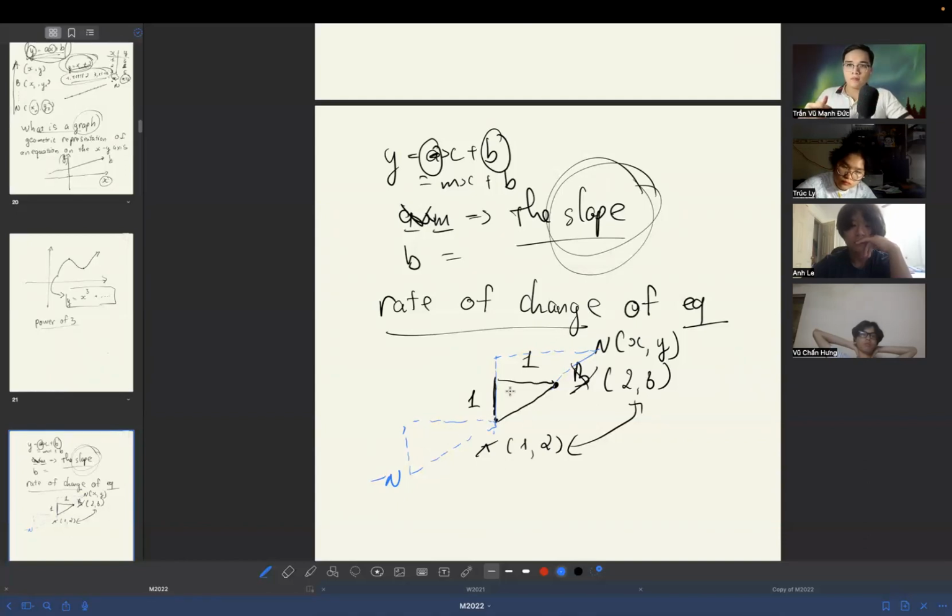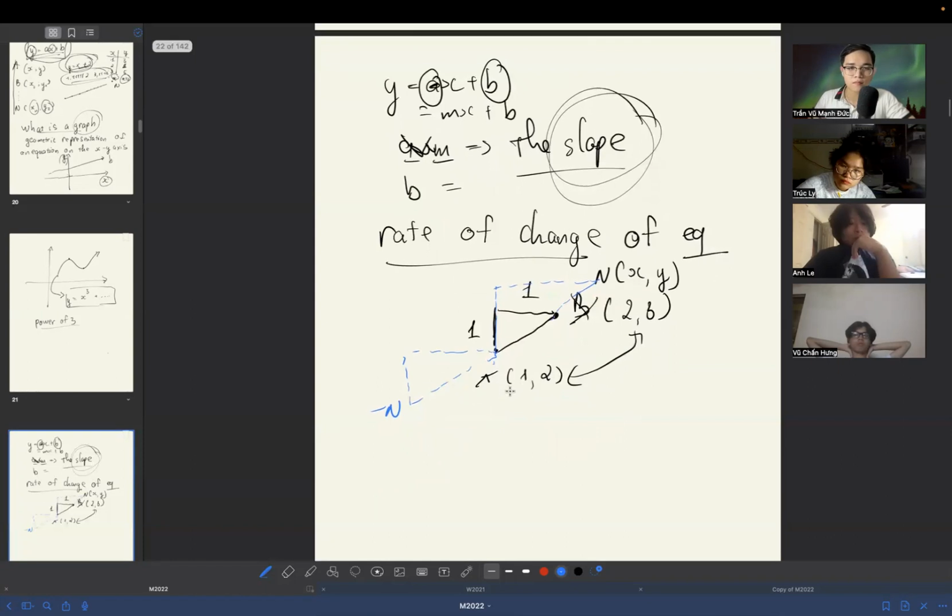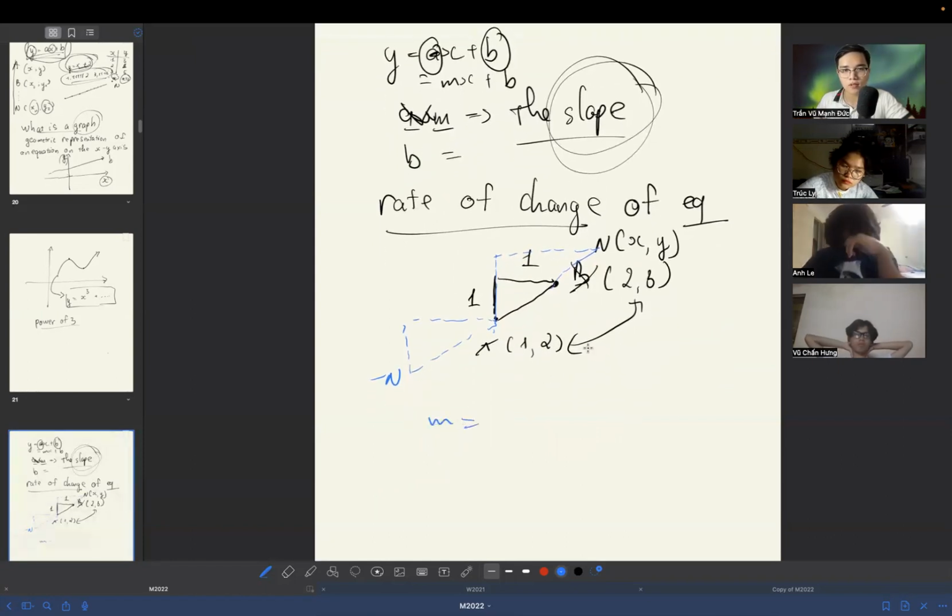So basically now we can form our own equation of what a slope is, of what a rate of change is. It will be m equals, you take the last dots. I'll give you this kind of mnemonic to remember. Rise over run. Rise over run.